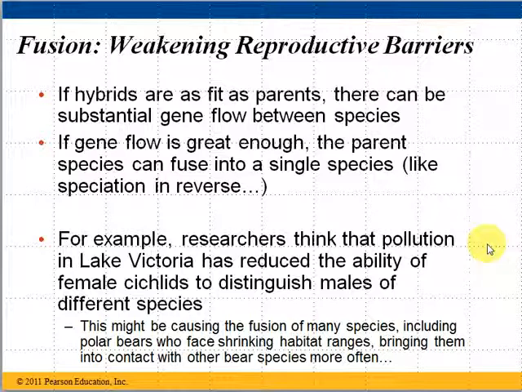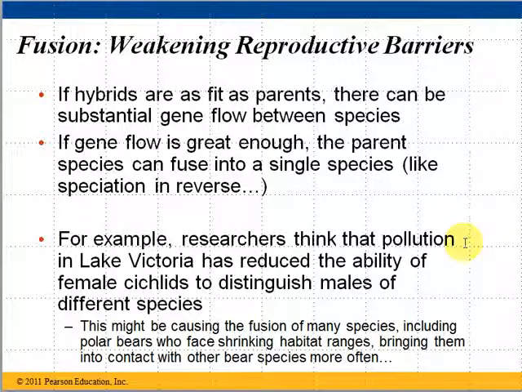You have those growler bears that I was talking about. You could imagine eventually that there would be no distinct polar bears left, that they all might become hybrids or mixed in with the gene pool of the grizzly bears, and as a separate species the polar bears could eventually disappear.